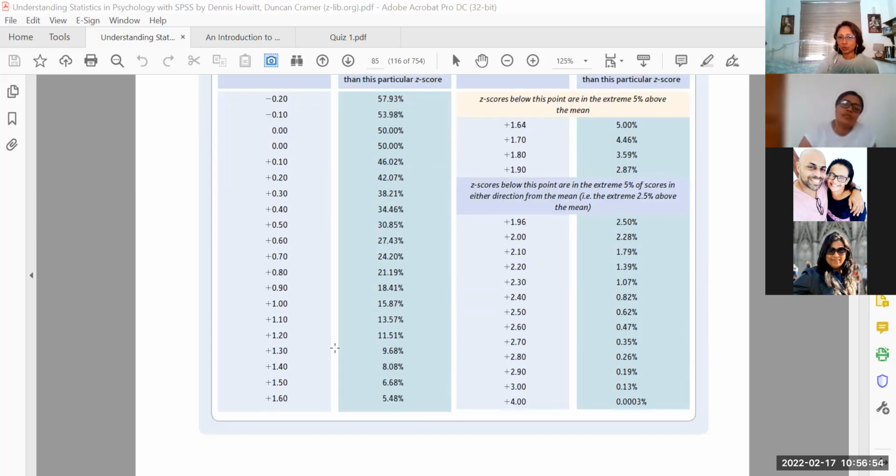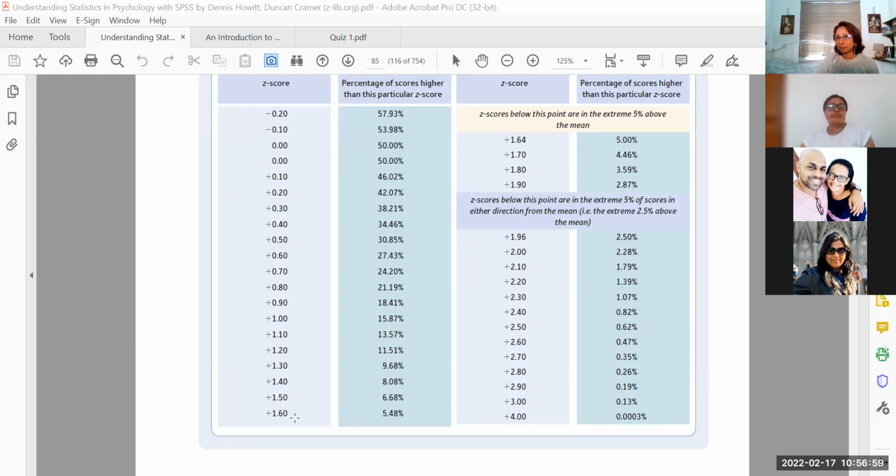So the higher you go above the mean, you see this. Let's say for an A-level exam, a student gets a Z score of 1.60, right? The percentage higher than that is only 5.48. So in Sri Lankan universities, let's say 8% of all the children who pass their exams have places in our universities.